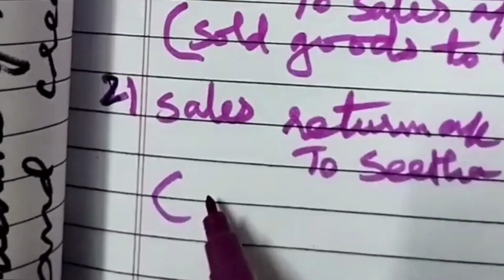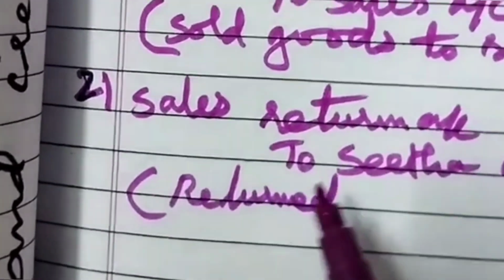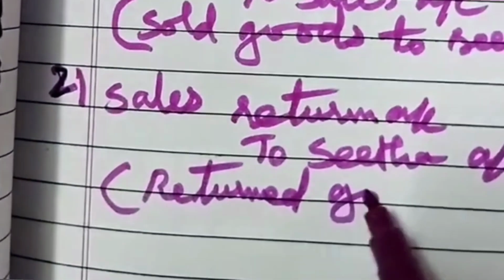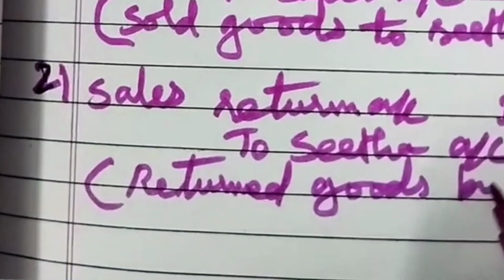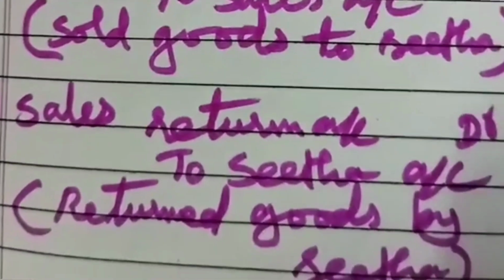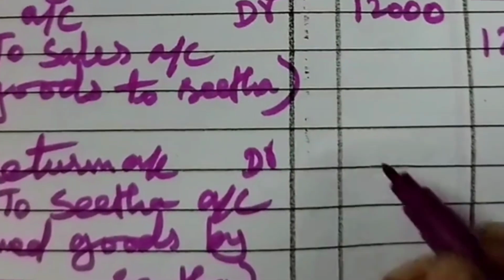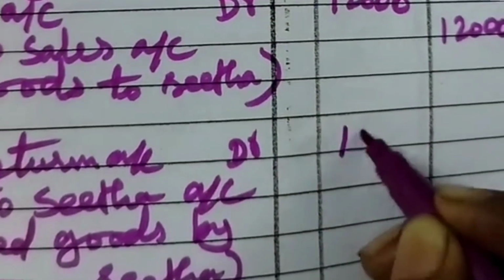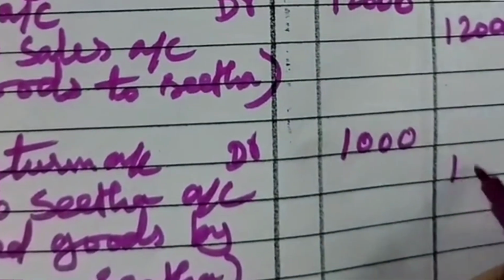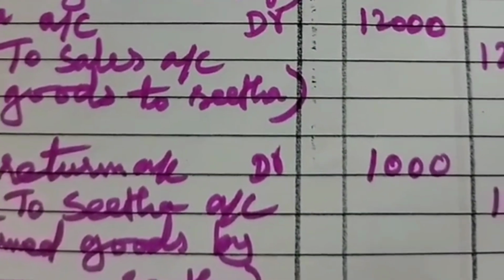Return goods by Sita. Okay, then what is the amount? 1,000. Okay, we can go to the next transaction.